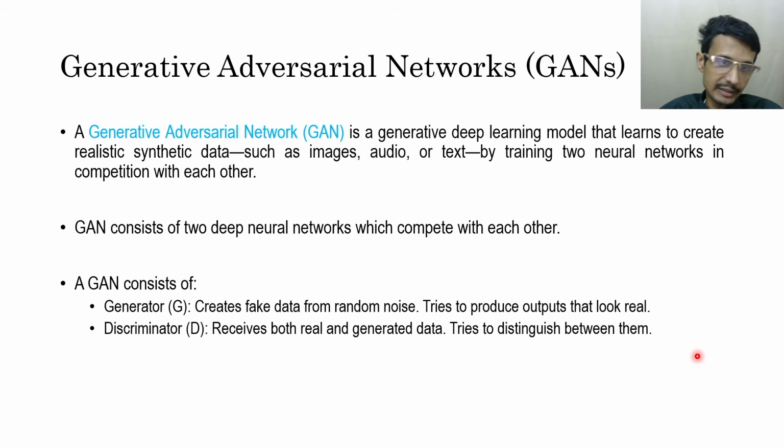Whereas the discriminator, which is also a neural network, receives both real and generated data and tries to distinguish between them. And these two neural networks are competing with each other to converge in such a way that an image that looks very realistic can be generated.